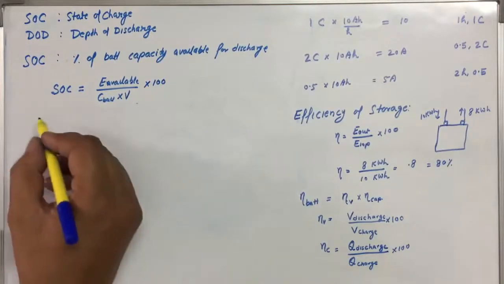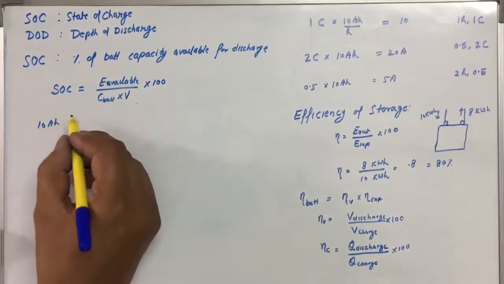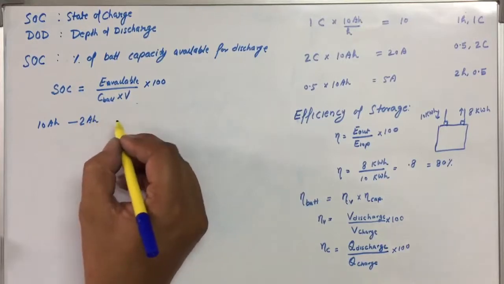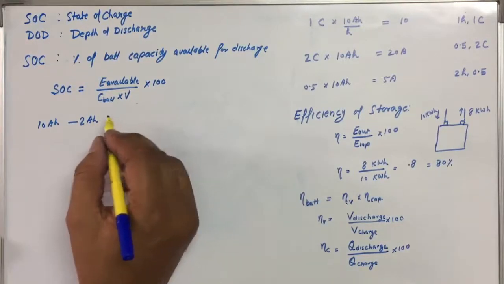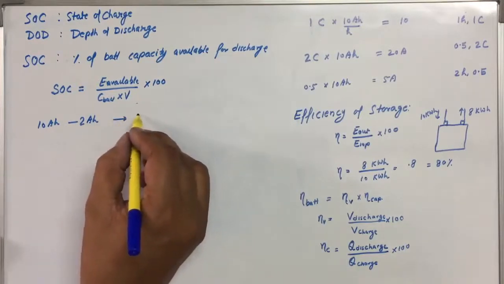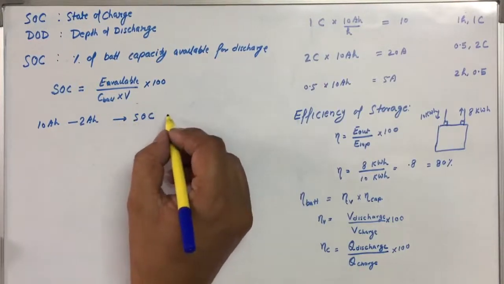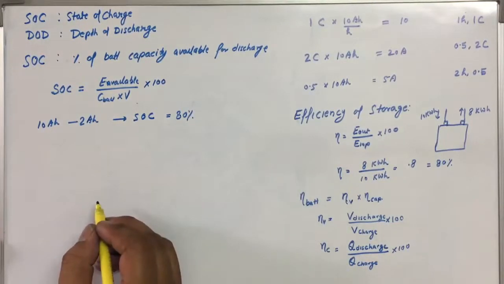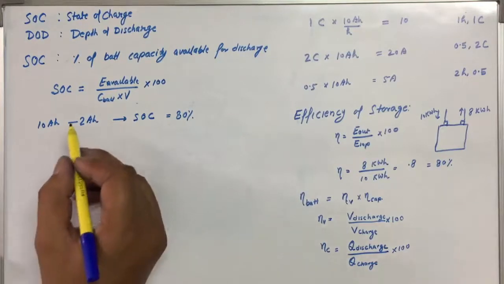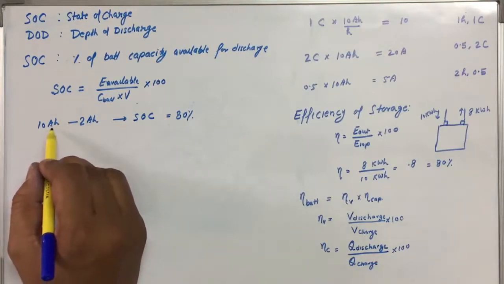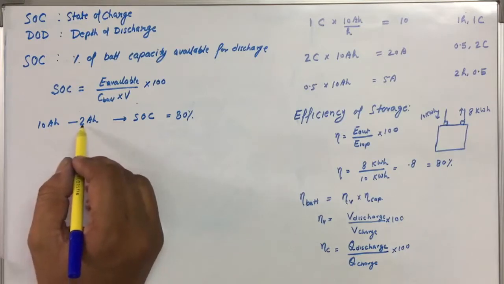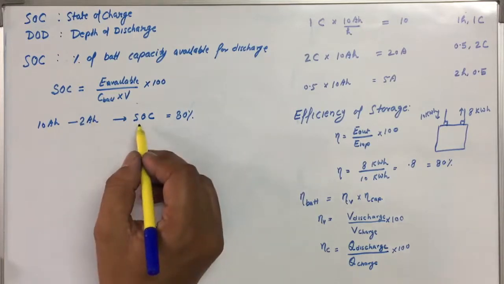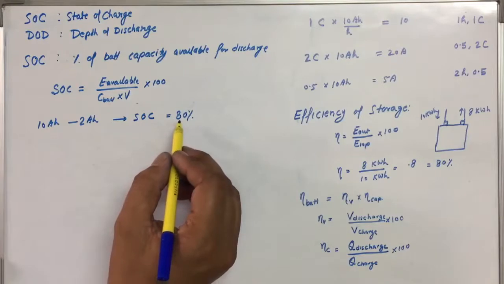For example, a 10 ampere hour rated battery drained by 2 hours is said to have a state of charge equal to 80%. I think it is clear from here. Let me repeat it: a 10 ampere hour battery drained by 2 hours, so that will be 2 ampere hour, is said to have a state of charge of 80%.